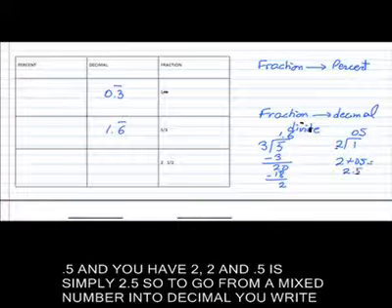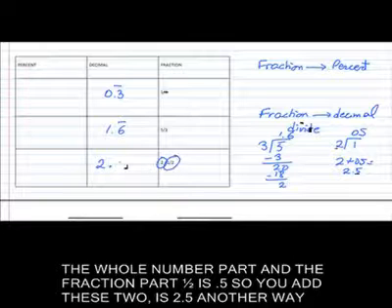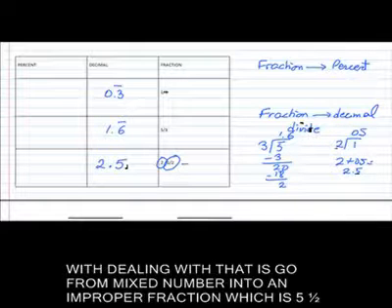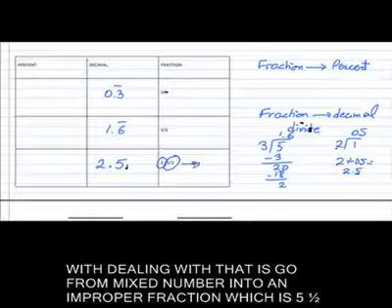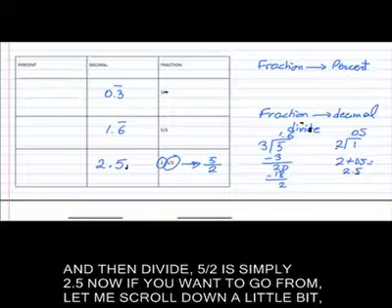So to go from a mixed number into decimal, you write the whole number part and the fraction part. 1/2 is 0.5, so you add these two to get 2.5. Another way is to go from the mixed number into an improper fraction, which is 5/2, and then divide. 5/2 is simply 2.5.